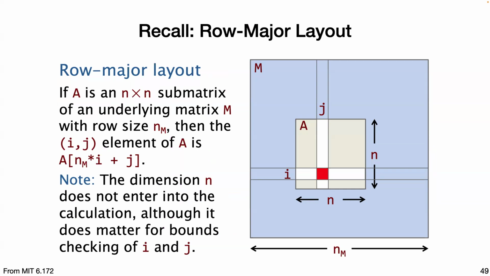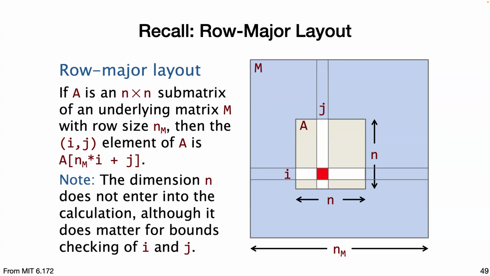I don't know if this matters too much. This is about their matrix representation. If you have a matrix, one common way to lay it out in memory is that you put all the rows one after another. So you put row 0 and then row 1 and so on. That's called row major because you can think of your memory as a flat layout. And this is telling you how to index into your matrix.